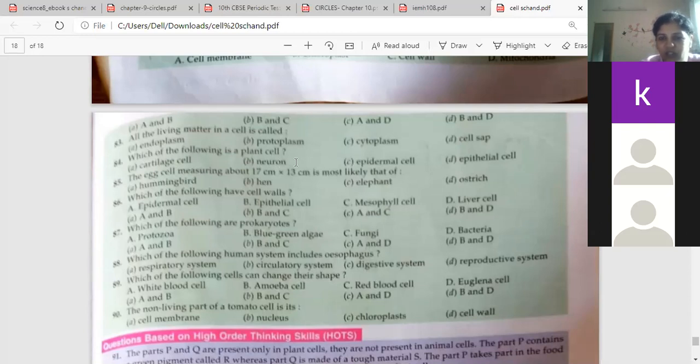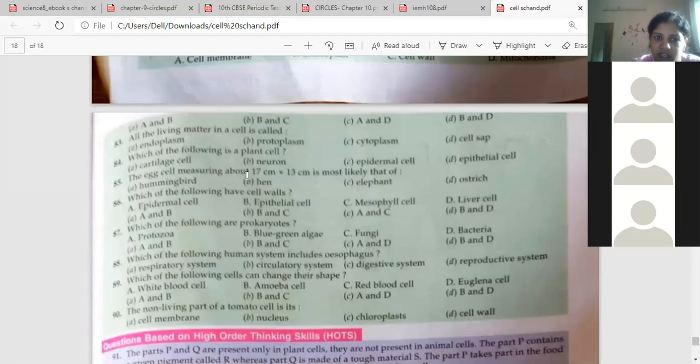Neurons are nerve cells. Epidermal cells form the outer boundary of every plant, and the outer covering of the leaf is also an epidermal cell. Epithelial cells make up our boundary, and the inner or outer boundary of every organ.